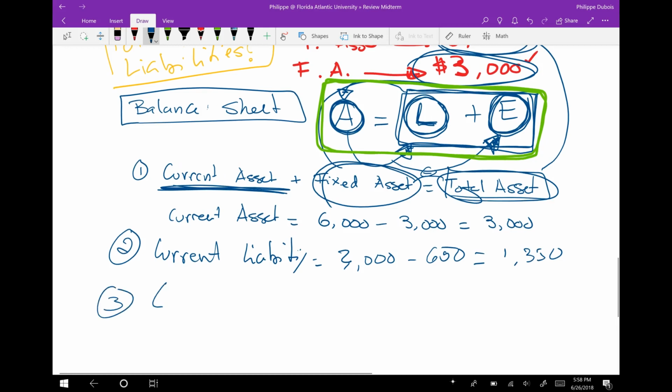Now you can calculate your total liability. Your total liability is simply your current liability plus your long-term debt. So your current liability is $1,350.